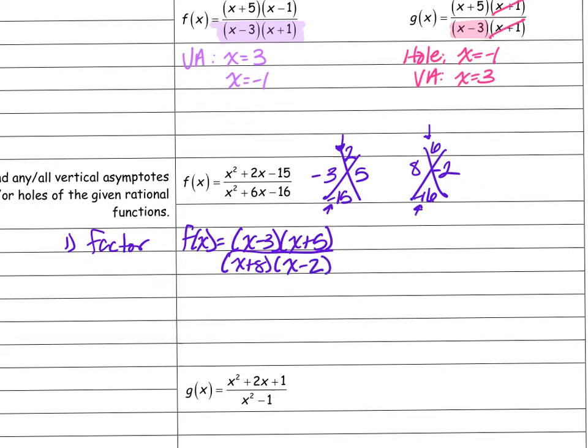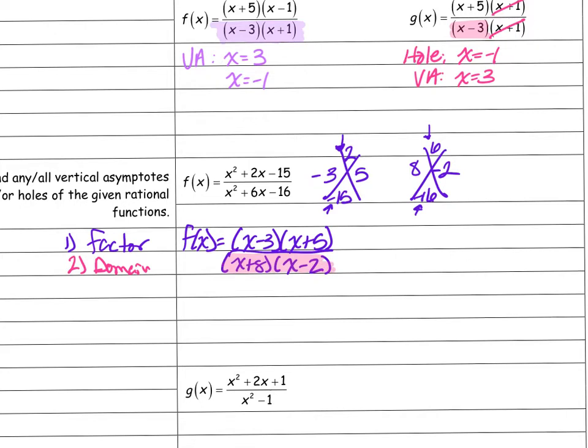Okay, so step 2 said find the domain. So I'm going to find the domain of the function. In order to find my domain, I'm looking only at my denominator. Okay, great.